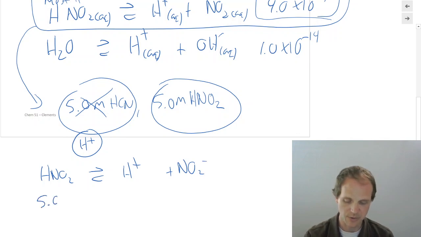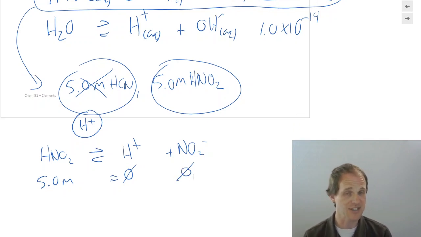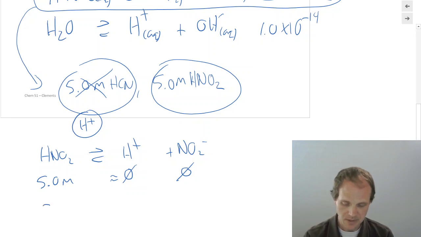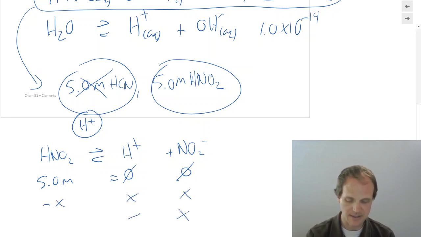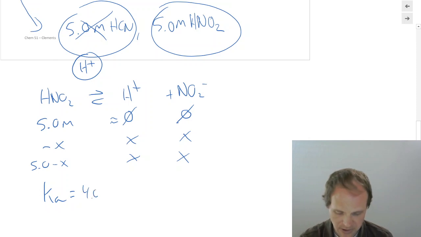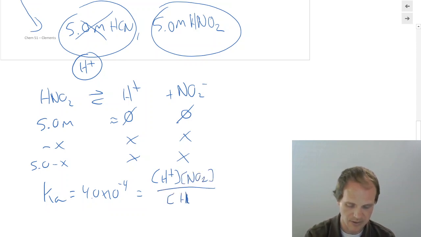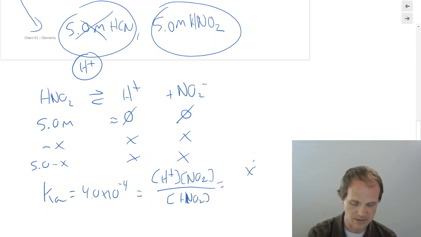We start with 5.0 molar, 0 approximately. Remember approximately because water does contribute some, and in this case the HCN is also contributing some. Minus x, 5.0 minus x, we get Ka equals 4.0 times 10 to the minus 4th is equal to [H+][NO2-] over [HNO2], which is just going to be x squared over 5.0 minus x.